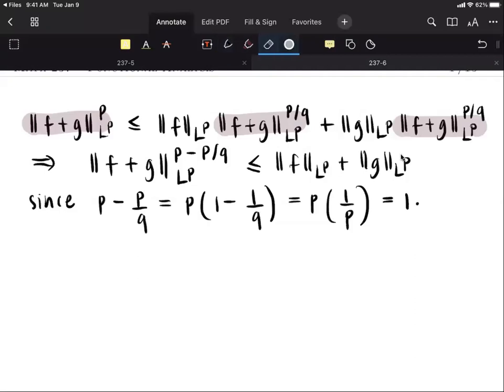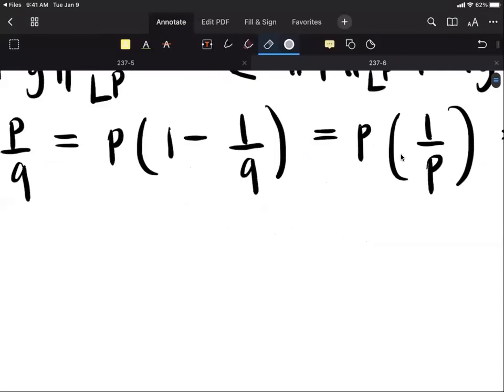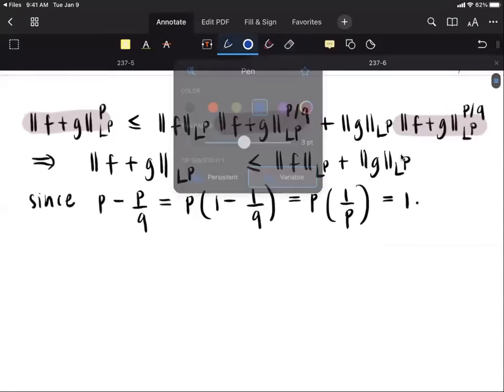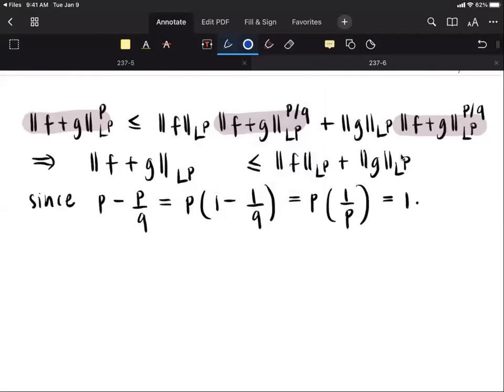Therefore, we can make this as 1, and we get Minkowski's inequality, or the triangle inequality in Lebesgue spaces. So this is the end of the proof for Minkowski's inequality.